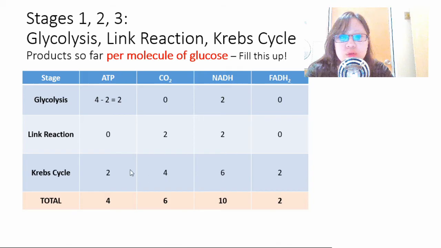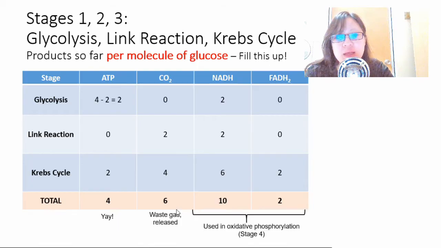So there will be 2 turns of the Krebs cycle and 2 link reactions. So in total, we have 4 ATP. Yay, we have 4 ATP. We have some energy. We have 6 CO2, which is a waste gas that is released, 10 NADH and FADH to use in oxidative phosphorylation, which is stage 4.